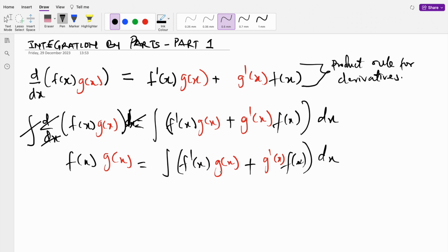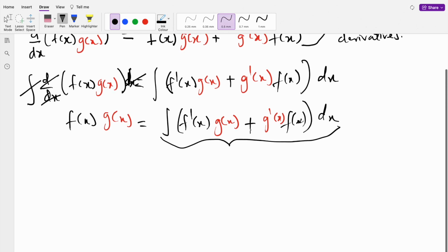So since this is linear, then I can split this.